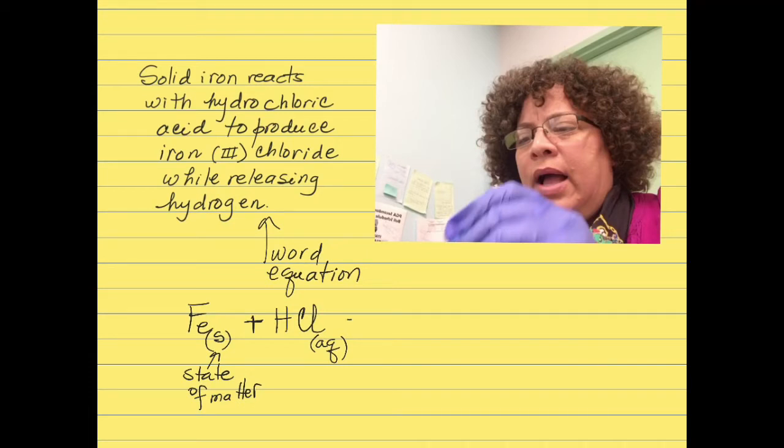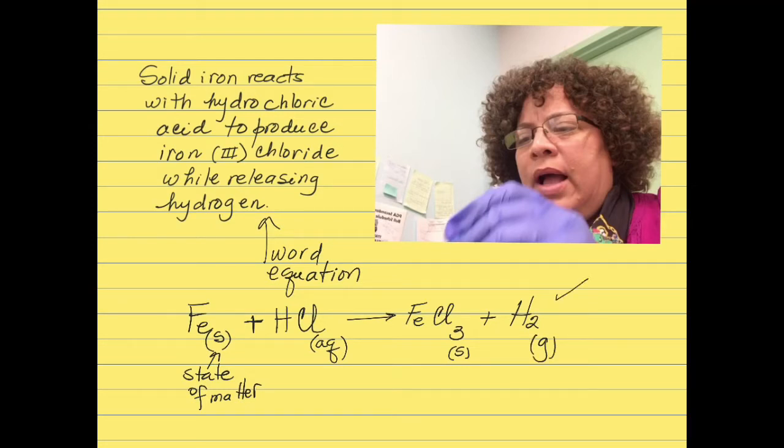To produce iron trichloride. By the way, I'm going to show you that one more time. See over there? It's a solid that is in there. Plus the hydrogen gas that was released.